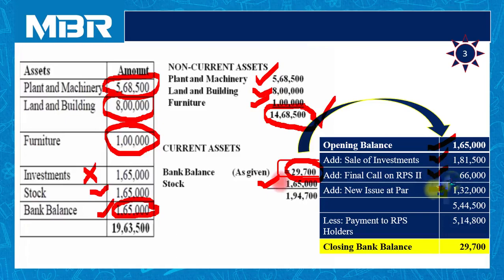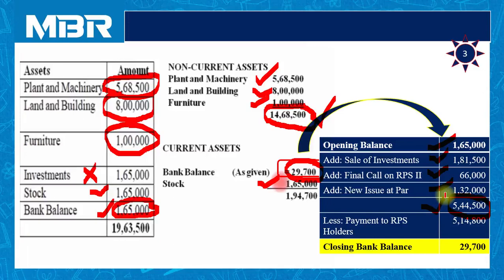Then we have issued new preference shares at par, that is at face value, for rupees 1,32,000. You can recheck, you can recall step number 3, arrangement of the fund for capital part. So total amount available with the company after all these receipts: 1,65,000 plus 1,81,500 plus 66,000 plus 1,32,000.